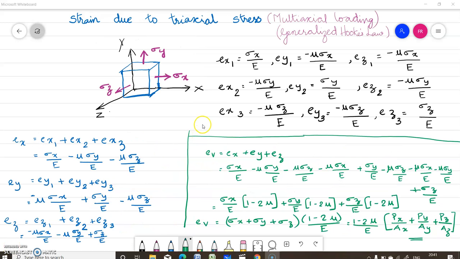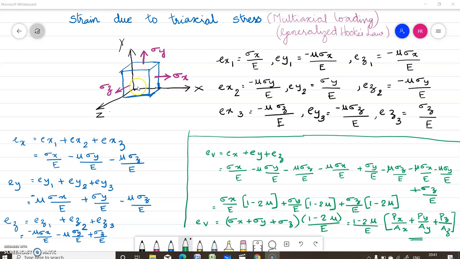Now we'll study strain due to triaxial stress, that is due to multiaxial loading, loading in all three directions. This is known as generalized Hooke's law. So consider a cubical parallelepiped subjected to stress in all three directions, x direction, y direction and z direction.